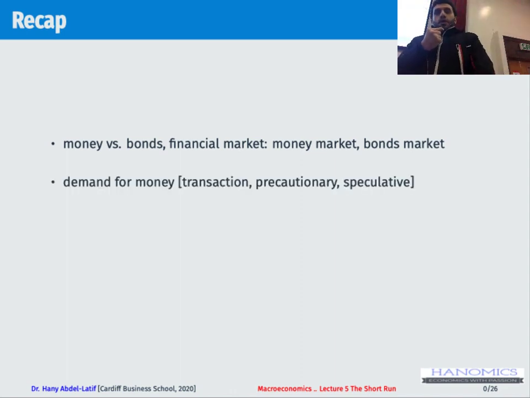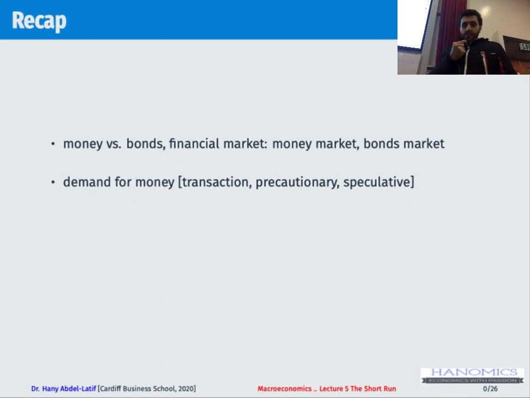To study the equilibrium in the money market, just think of money as a good which has demand and supply. Equilibrium in the money market will be the result of the interaction between demand for money and money supply.